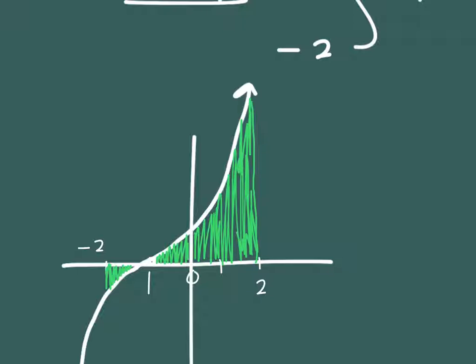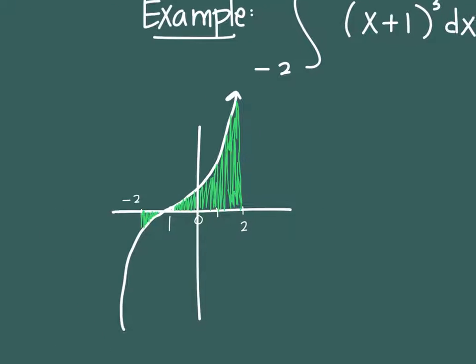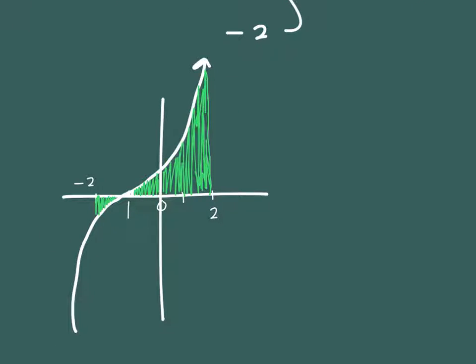Now, I'll let you in on a little trick here. There is some symmetry in this graph. All right, the symmetry is between this region and that region. Okay, these two are perfectly symmetrical to each other. And if one is below the x-axis and the other is above, and they're perfectly symmetrical, what's going to happen? They cancel out.